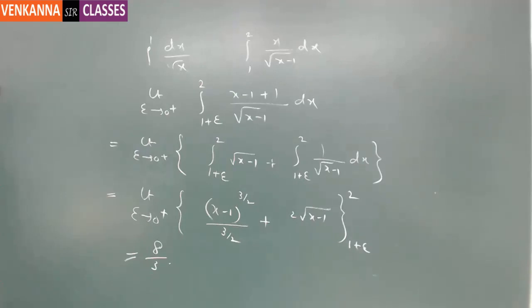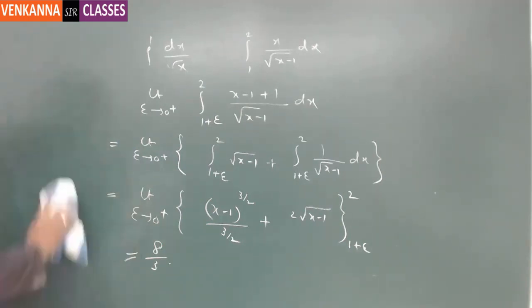And occasionally, while doing the infinite discontinuity problems under improper integrals, for the majority of the cases, we will get functions involving log terms. And sometimes they look complicated also.